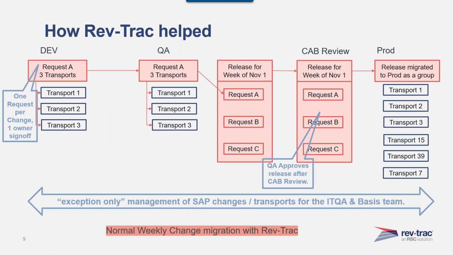You know, with this new process, almost all of those pain points that were highlighted in the previous slide have been either made much better or been eliminated entirely. All of those manual utility runs that we had for sequencing and dependency issues are built right into the Rev-Trac tool and it does that automatically.